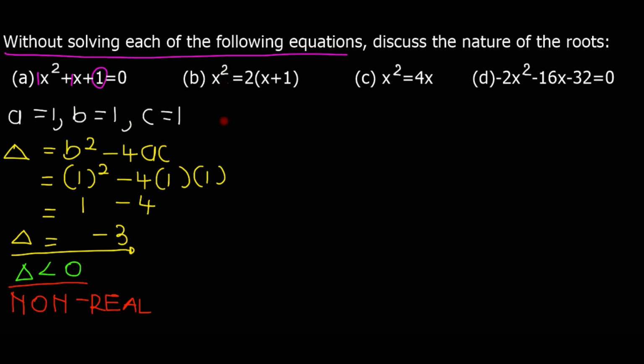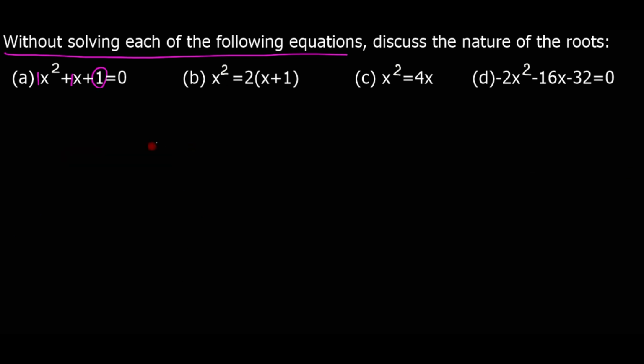Let's look at part B. For part B, the first step is that we need to put our equation in the standard form, because we know that the roots are the x values when the equation is 0. So we will put this equation in the standard form. So this is x squared equal to 2 times x plus 1.